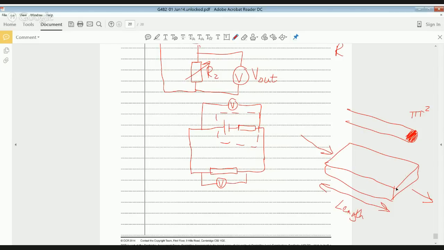Which means the cross-sectional area is the area I'm shading here. So that's going to be the thickness, or the height, multiplied by the width there. Really important that you choose the right dimensions, because it will cost you not just 1 mark, probably all the marks for that question if you mess up which dimensions you choose. So the cross-sectional area is cutting across perpendicular to where the current's flowing. It's that area there.